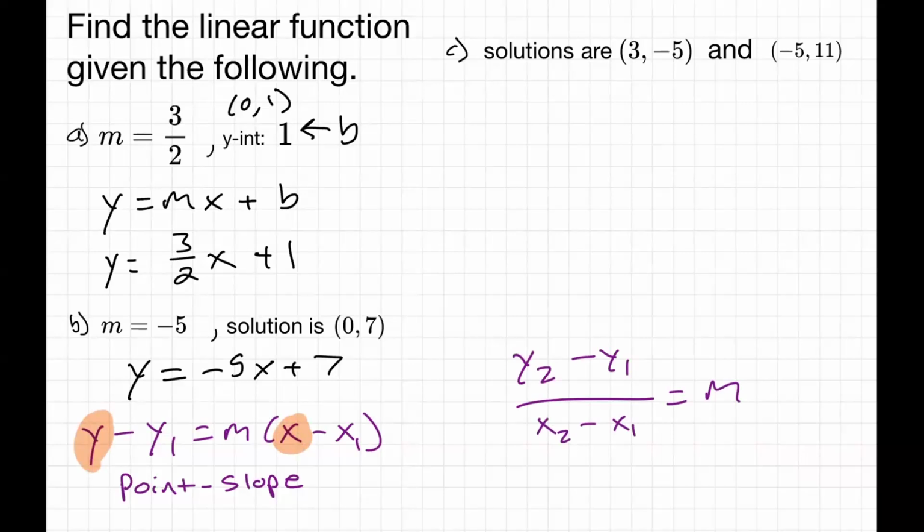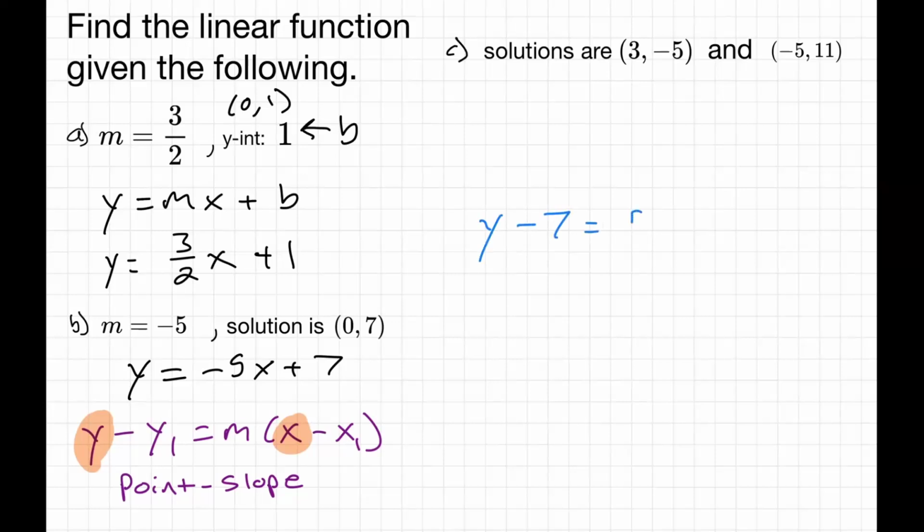Now, why is this helpful? Well, guess what? We can take the information we were just given and plug it in to do the work. What that means is we're going to have to distribute this -5.